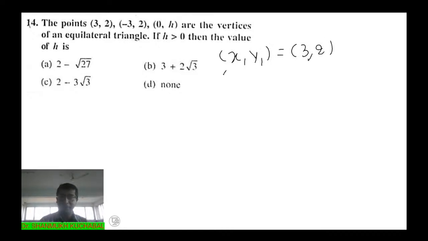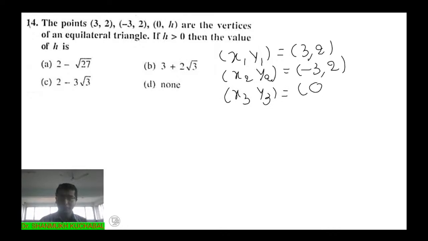Then x2, y2 equal to (-3, 2). And next x3, y3 equal to (0, h). Then the third vertex is given by the formula.